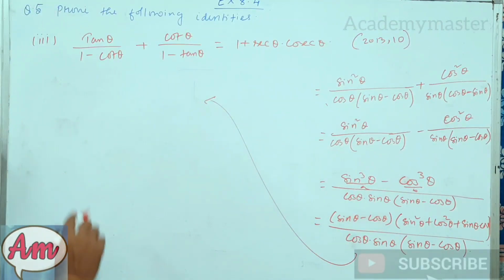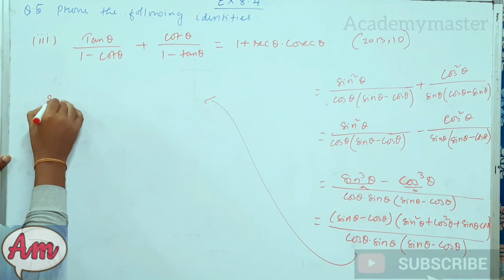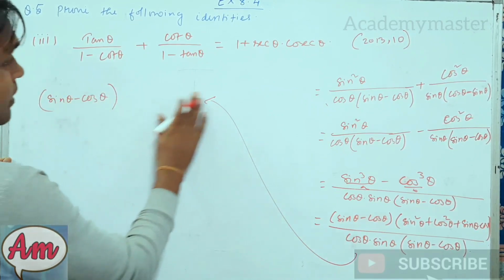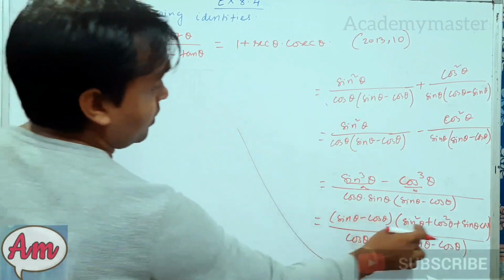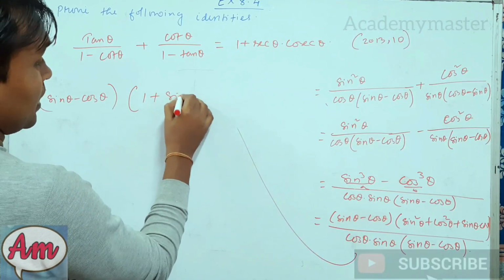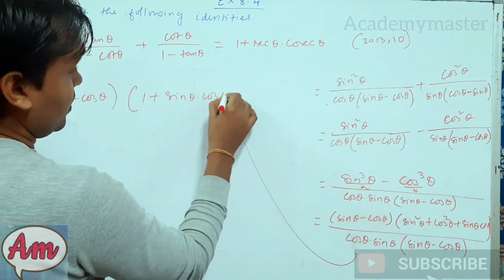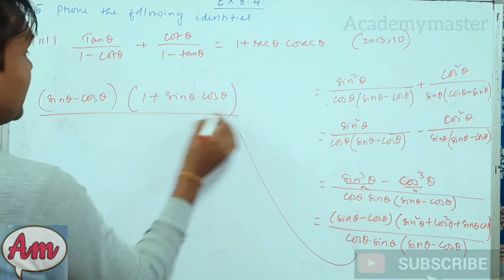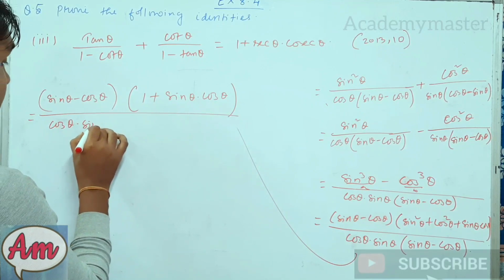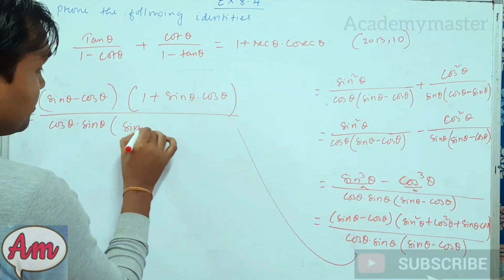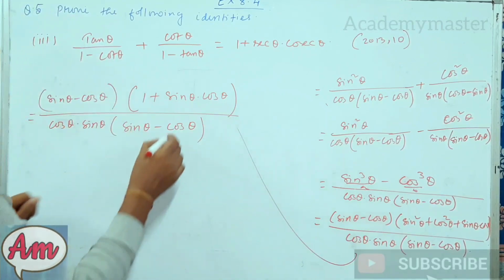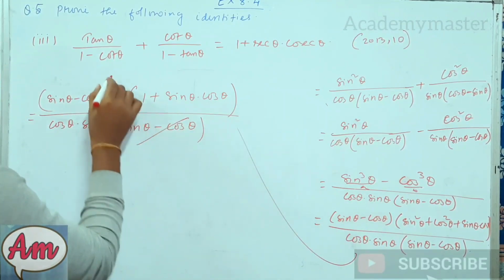Okay, so in the next step, what we will be doing: sinθ minus cosθ, and here it will be sin²θ plus cos²θ, so it will be 1, and then sinθ into cosθ divided by what is there in the downside, cosθ into sinθ minus cosθ. So you can see this term and this term are equal, so cancel it.